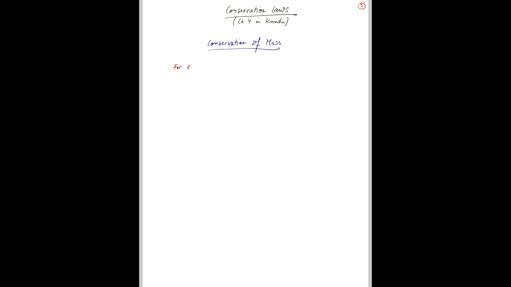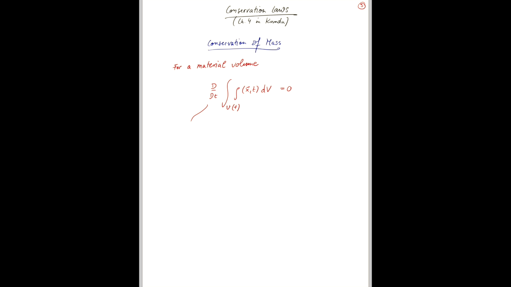For a material volume, we can simply write that a certain amount of mass, which can be written as the density integrated over a volume, has a change, d by dt, of 0.